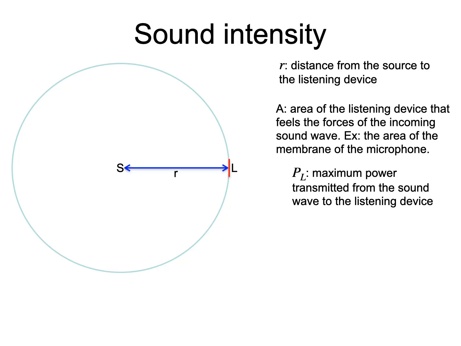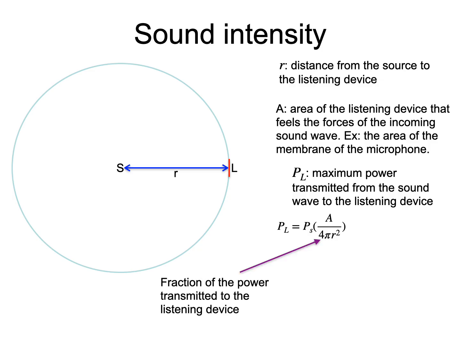We can write the maximum power transmitted to the listening device this way, where the factor in brackets is the fraction of the area of the whole spherical wavefront that is captured by the listening device. 4 pi r squared is the area of a spherical wavefront of radius r. Let us regroup the quantities differently.